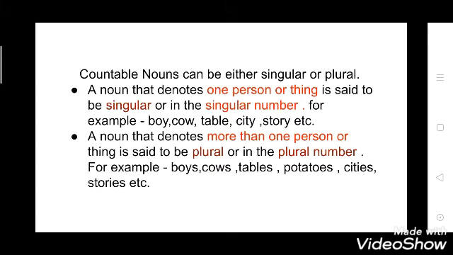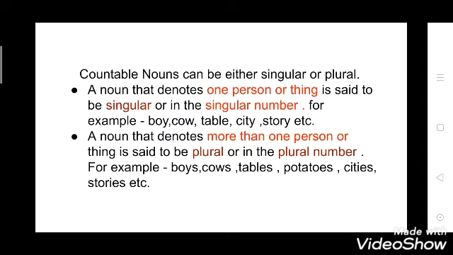A noun that denotes one person or thing is said to be singular or in the singular number. For example, boy, here a boy. Cow, you are talking about a single cow. A table, city, story, etc. So singular are those which denote only one person or thing. So they all are singular.